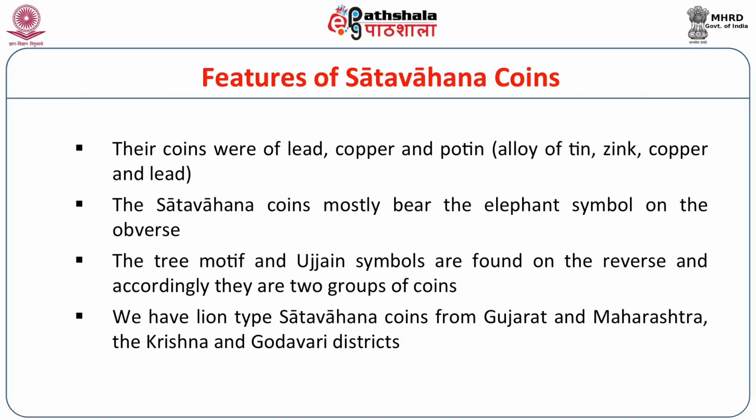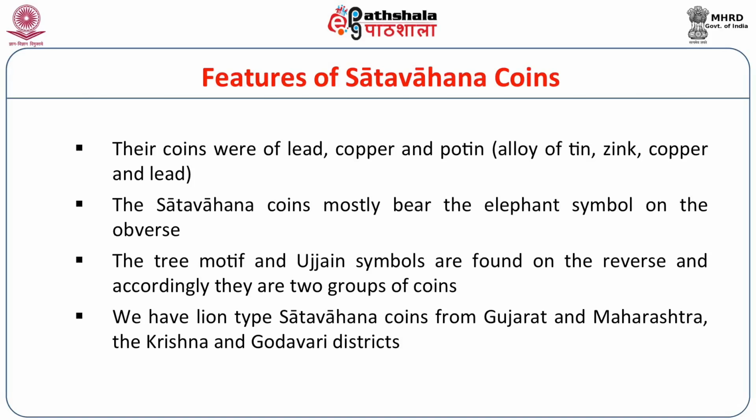Similarly, during the days of the Satavahanas also, the authority provided authentication for its use in day-to-day exchanges, and that's why these were their symbols: tree symbol, Ujjain symbol with railing, tree with railing, and elephant symbol. These were the symbols of the Satavahana coins.